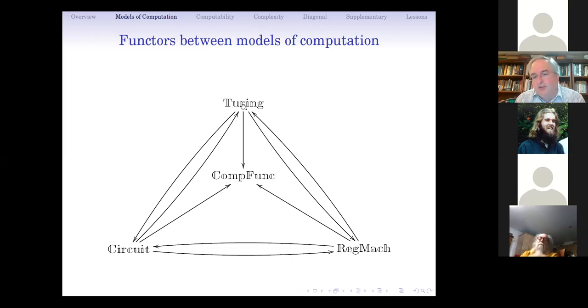In other words, if I have a Turing machine and I reinterpret it, or it's really a compiler, and I get another model, I better make sure that the computational function that it performs is the same thing. So these triangles have to commute. However, there's no reason for the outer triangles to commute. I can change a Turing machine to a circuit, I can change the circuit to the register machine, but it doesn't have to be the same thing as the Turing machine to the registers. And obviously there are many different ways of reinterpreting, and I don't get into that.